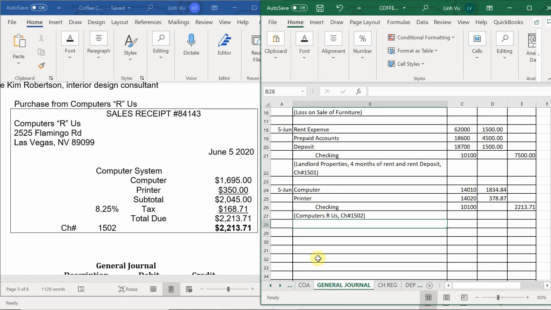But it's not a deposit. It is a transaction. You buy something. You don't need to deposit anything because it's going to come out of your checking account when you update your ledger.